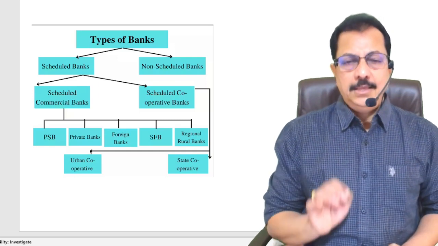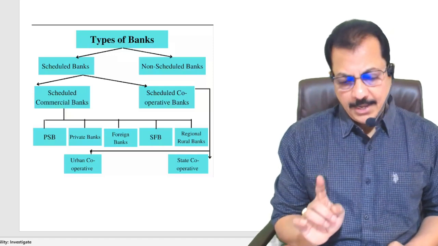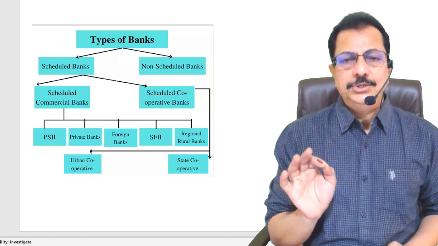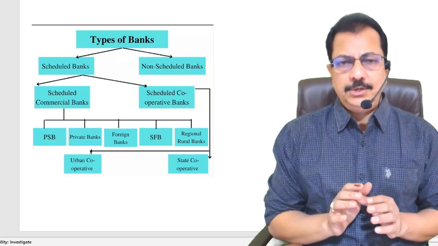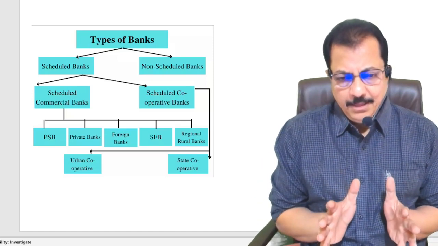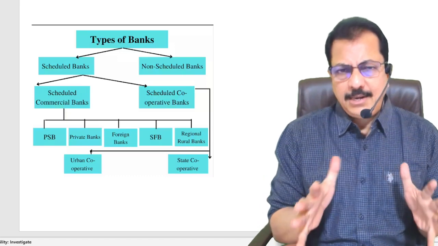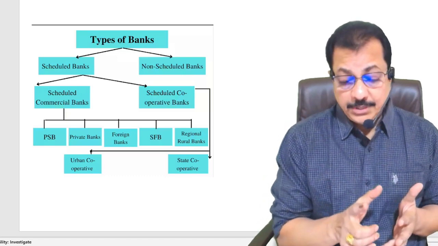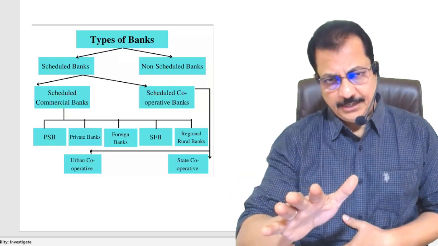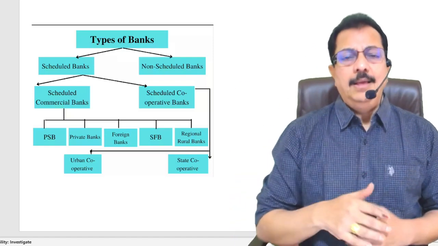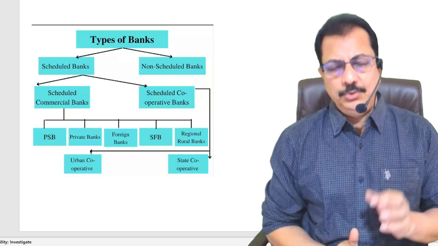One is the scheduled banks and the other one is the non-scheduled banks. Please write very carefully so that in the examination you should have a clear-cut idea on this one. Without understanding this, understanding the rest of the topic will become very difficult. Clear? That is the reason why I am cautioning you as your senior.